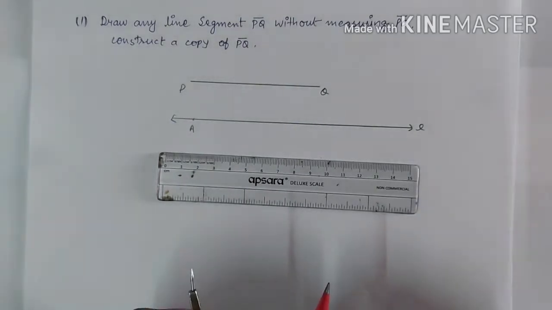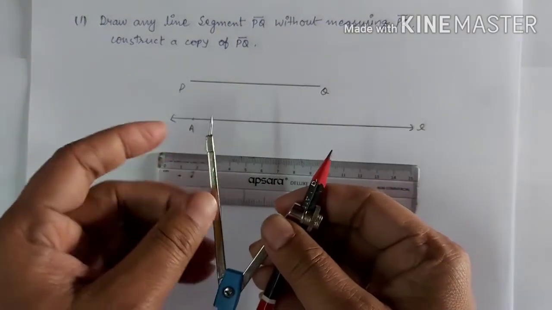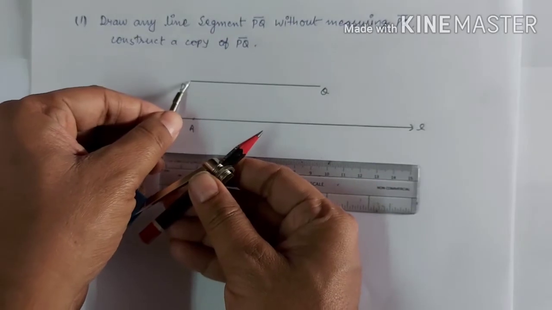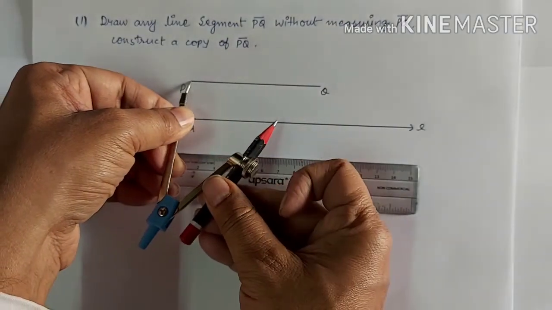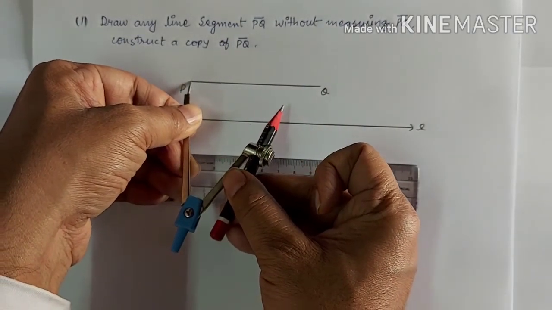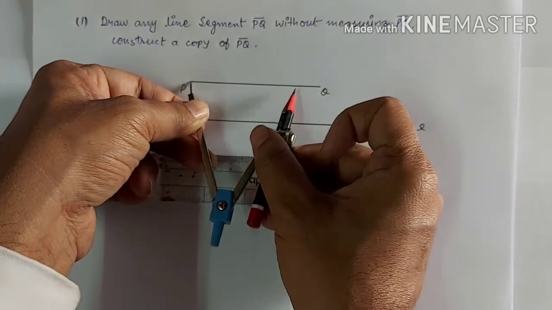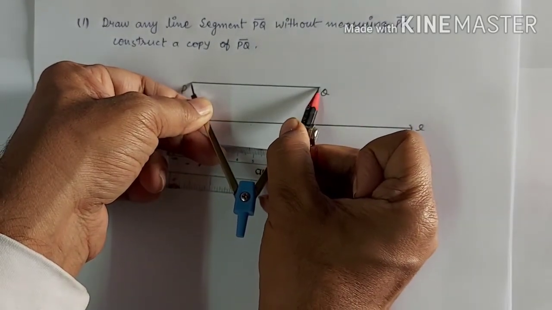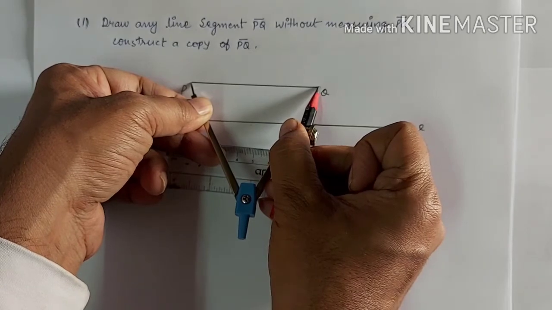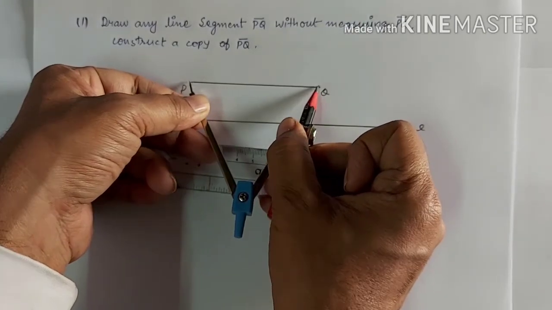Then first we place the compass pointer on the point P, and measure the radius equal to the length PQ. Okay, and fix your compass setting.